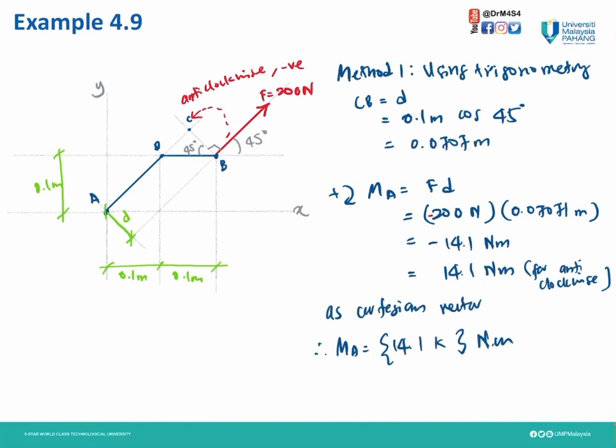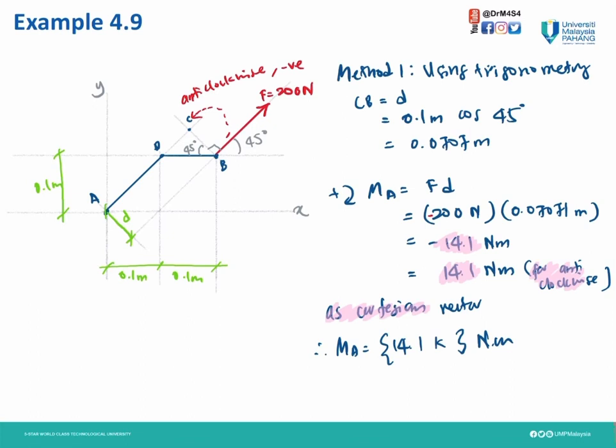So if we're going to write in Cartesian vector, we have to make it anti-clockwise. So when it is anti-clockwise, this negative 14.1 will transform to positive 14.1.